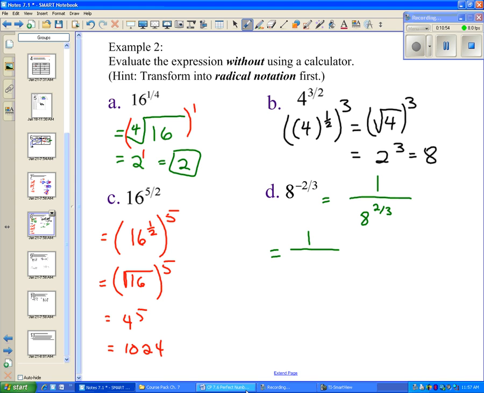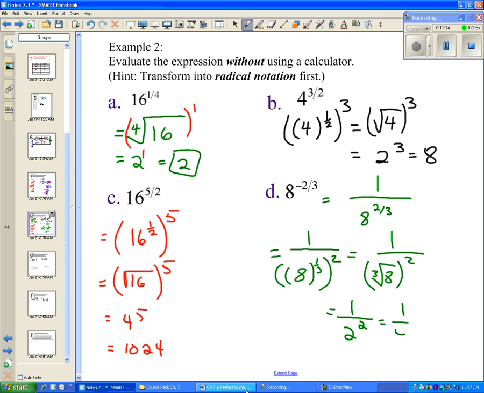So this is 1 over 8 to the 1/3, squared. 8 to the 1/3 is the cube root of 8, and I'm going to square that. The cube root of 8 is 2. 2 squared is 4, so my answer is 1/4.